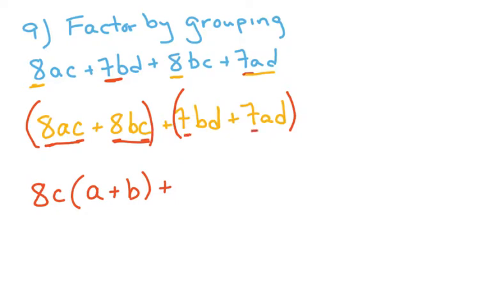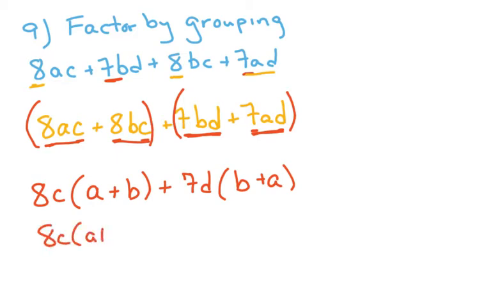I have a 7 and I have a D. So factor out 7D. What's left here? B. What's left here? A. And of course, that's the same thing as A plus B.